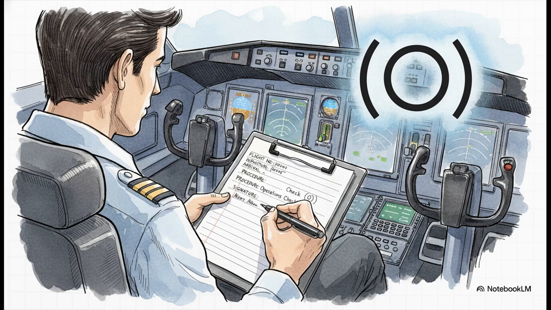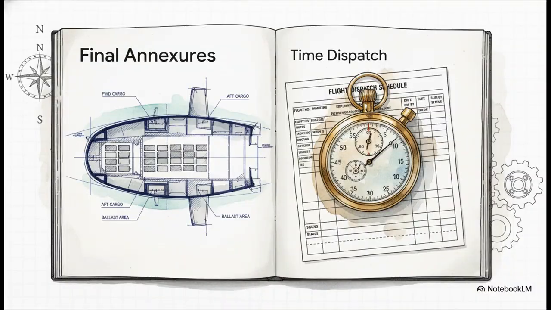They have to make a logged entry confirming they actually accomplished the procedure before they are even allowed to accept the aircraft. And right at the very back of the MEL, you'll find these final, super strict rules. Annexure A lays out the explicitly acceptable ballast materials for the Q400, and Annexure B gives you the time-limited dispatch criteria, which frankly demand absolute strict compliance.